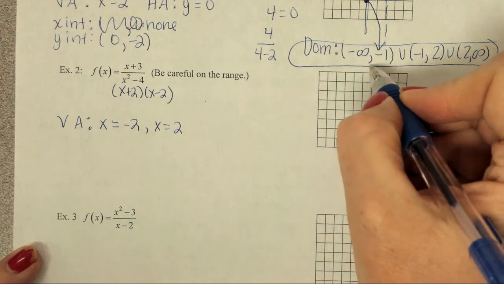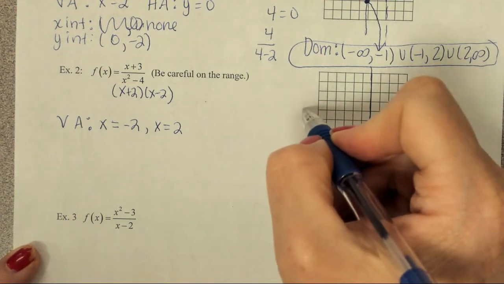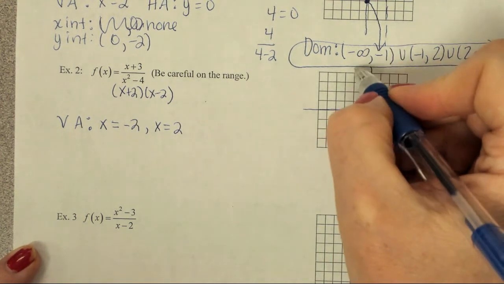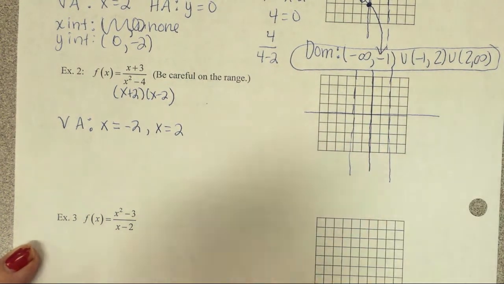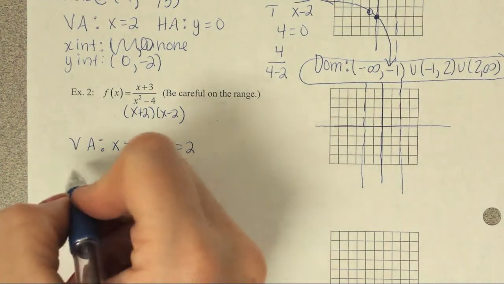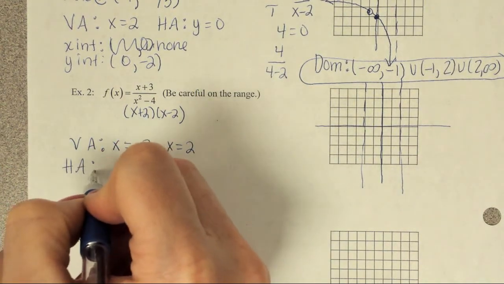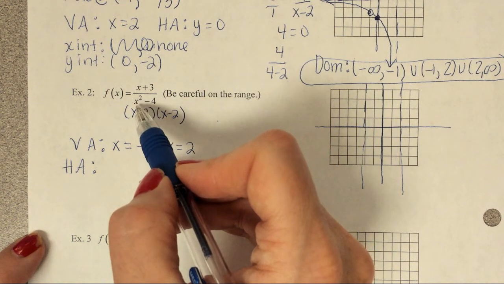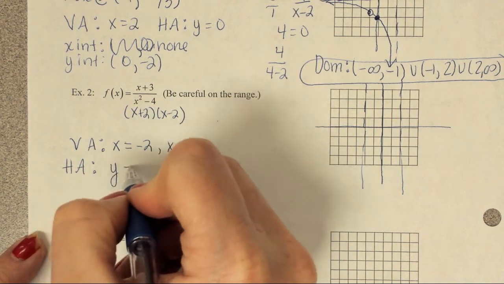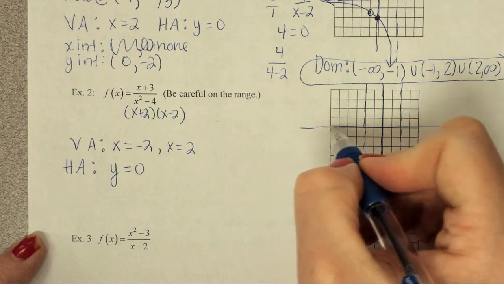And let's go ahead and graph that as we go. Okay. I now like to find the horizontal asymptote. Look at those powers. What's it going to be, guys? 0. So I'm going to go ahead and plot that.